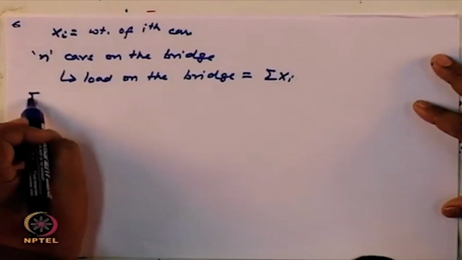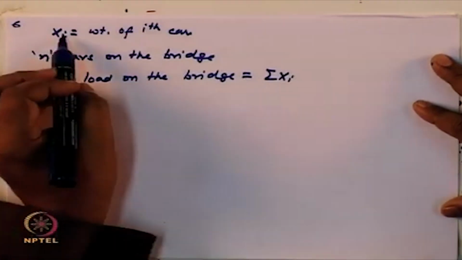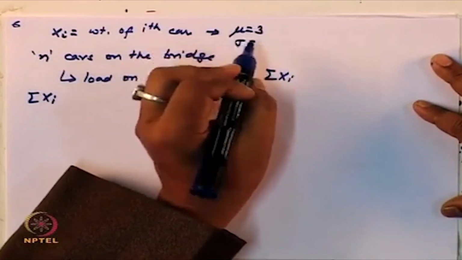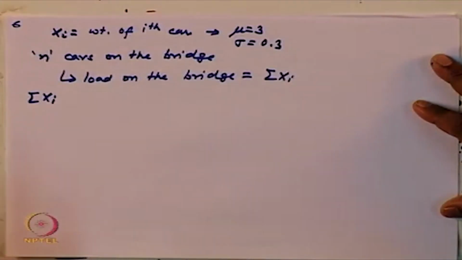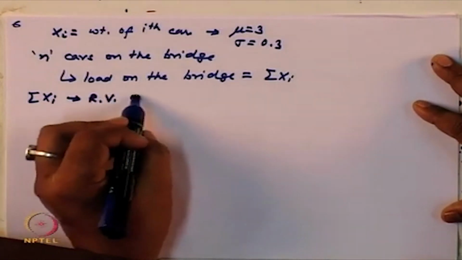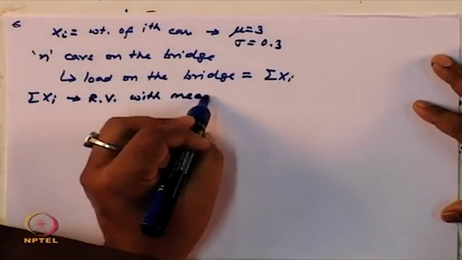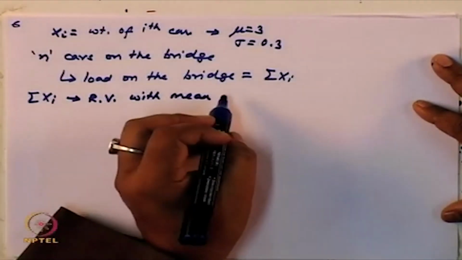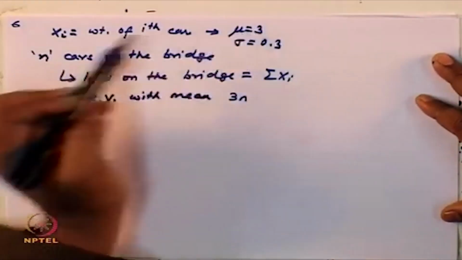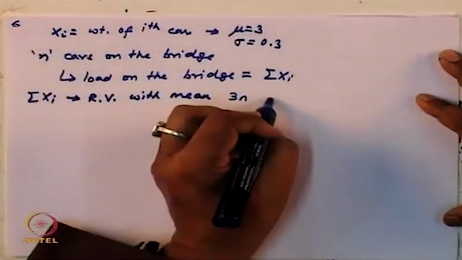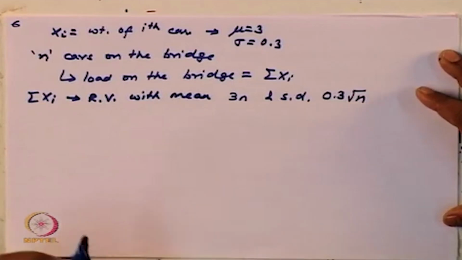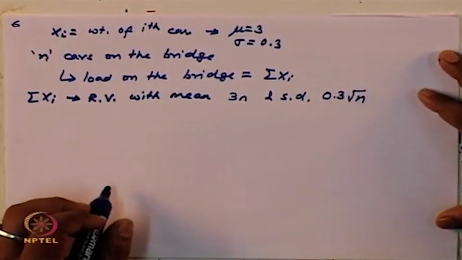So, what can I say about summation of xi? Each of these xi's is a random variable with mu equal to 3 and sigma equal to 0.3. Okay. So, I can say summation xi is a random variable with mean 3 times n. If you have n cars, 3 is the mean for each car. So, mean will be 3n and standard deviation will be 0.3 into root n.